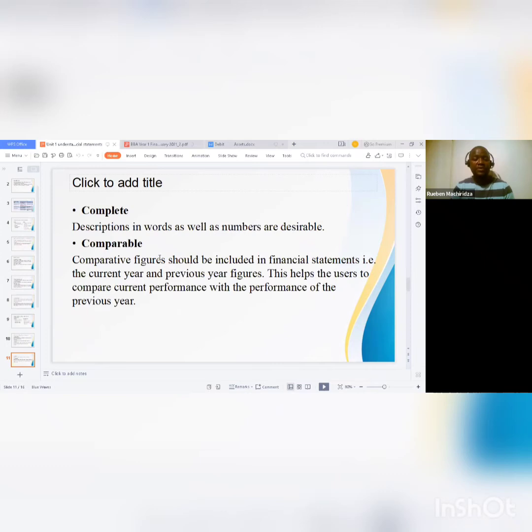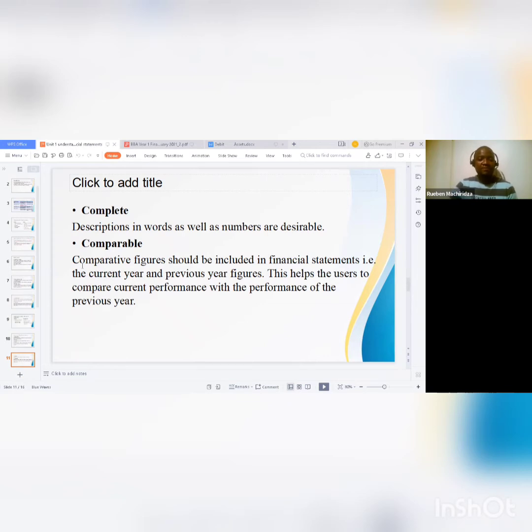When we are recording our transactions, we don't just put numbers, neither do we only put descriptions, but we put a combination of these two because we want to know what a certain figure is being associated with. Is it advertising expenses? Are they sales? How much are they? So we must include all the information pertaining to a transaction for it to be said to be complete.